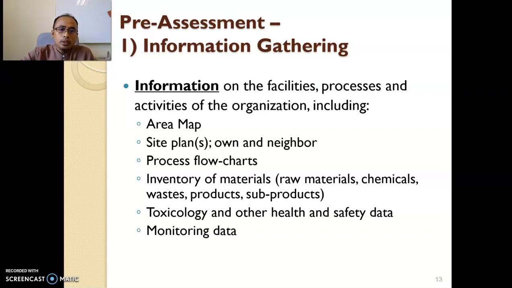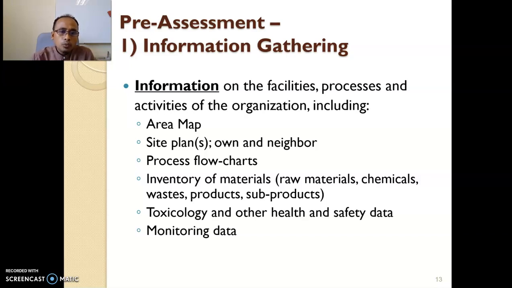And then we also have to observe the process flow, and also the process flow chart of the company. What are the activities done in that organization? And then we also have to look at the inventory of materials, such as raw materials, chemicals, waste, product, and also sub-product of the organization.